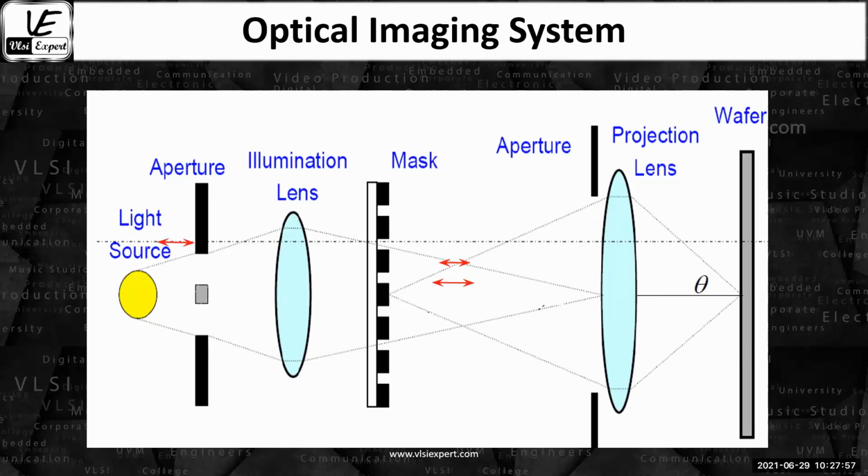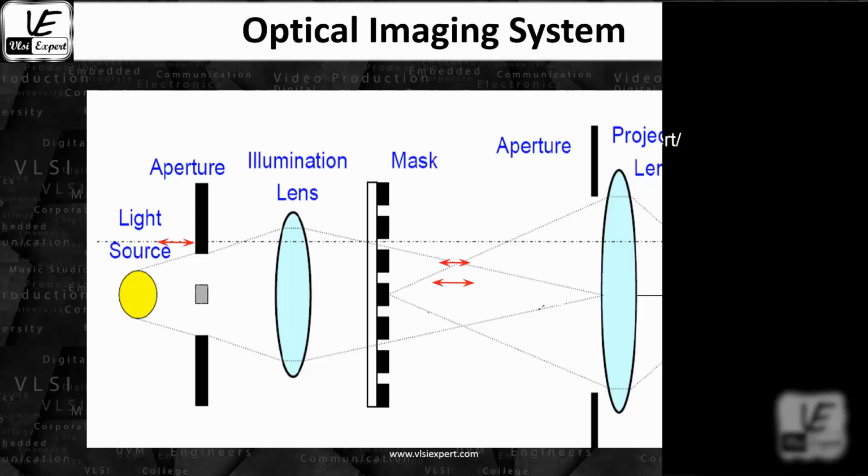So there are a lot of processes, and at every stage it is prone to defects. There are a lot of things which are not in your control. A few of the things I'm going to discuss. One of the things is the optical imaging system.